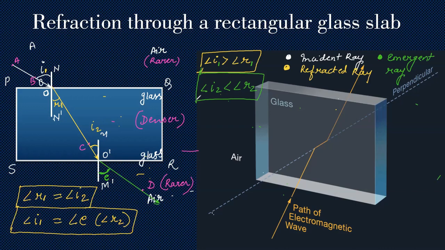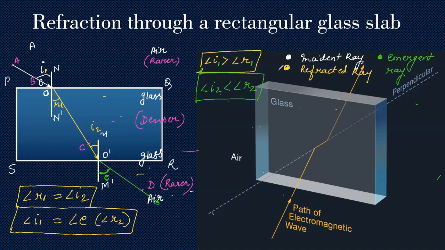So if you see this glass slab over here, this is the path where it is moving. This is the point where it's getting refracted, and then this one is again your emergent ray. Now, imagine that the first incident ray AB wasn't bent and was just going straight.